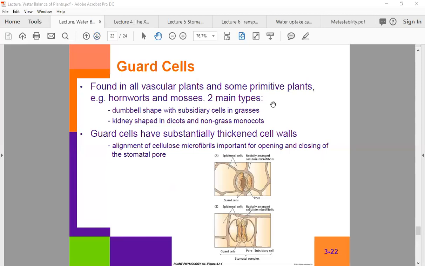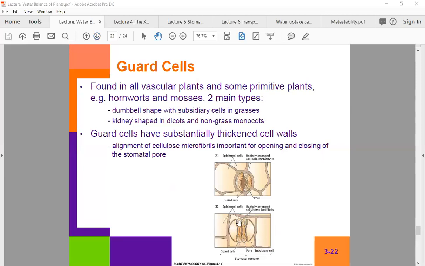Okay, stomata. Let's look firstly, very briefly, at the two major shapes that we encounter. Firstly, we have the dumbbell-shaped stomata, associated with subsidiary cells. These are found in grasses, and I'll show you what they look like here.